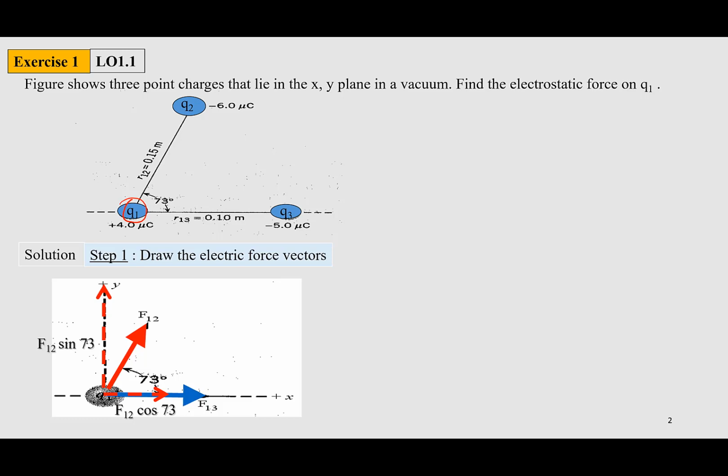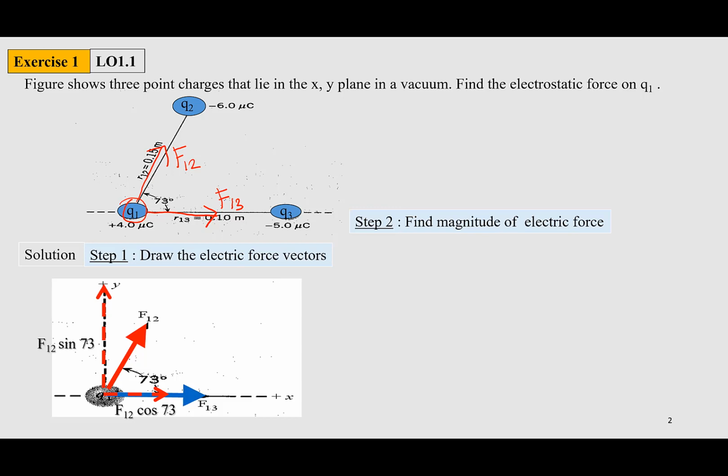Now we draw the first one, which is F12, from Q1 to Q2, and the second electric force is F13.